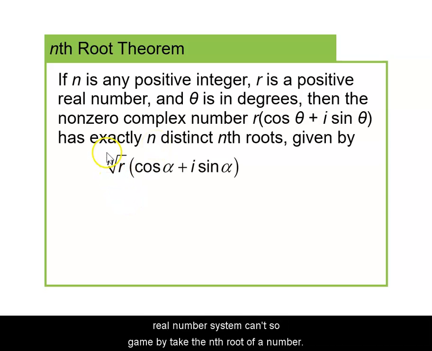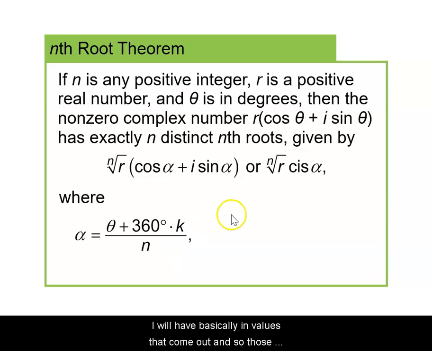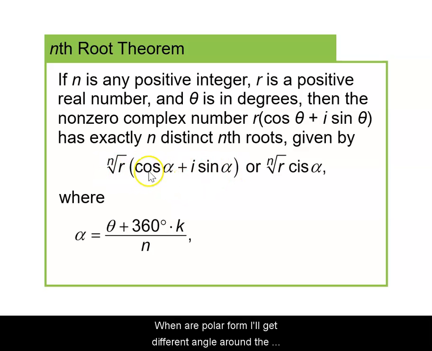So again, if I take the nth root of a number, I will have n values that come out, and those values happen at different angles. In their polar form, I'll get different angles around the unit circle. I'll get n of them actually, and each one of those angles is calculated by this formula.